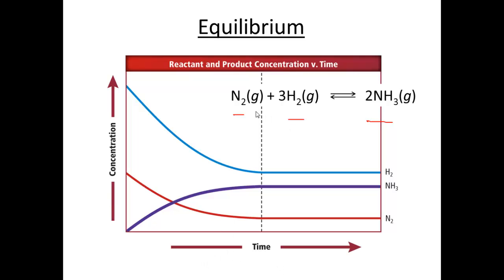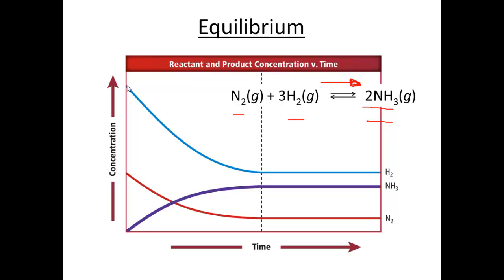If we have a container and we put nitrogen and hydrogen in it, this reaction is going to go forward right away. We don't have any ammonia, so the reverse reaction can't go this way. We don't have any product to make hydrogen and nitrogen. We only have our reactants. So the forward reaction is going to be going quite fast.